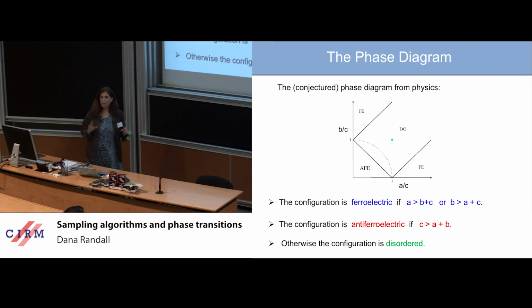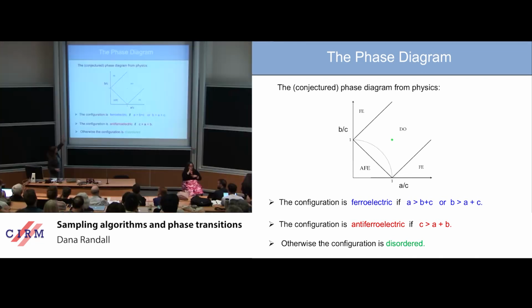So there's symmetry because if you take your oriented picture and rotate it by 90 degrees, you map A to B and B to A. So there's a simple transformation that says this has to be symmetric, okay? So these 2 outer corners are called ferroelectric. This bottom finite triangle is anti-ferroelectric. The middle is considered disordered.